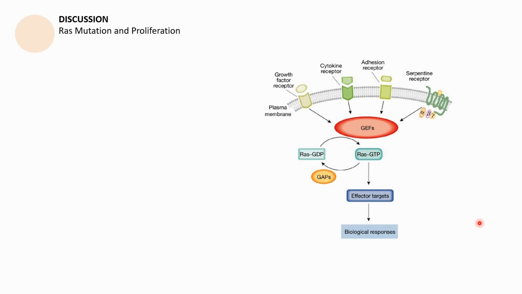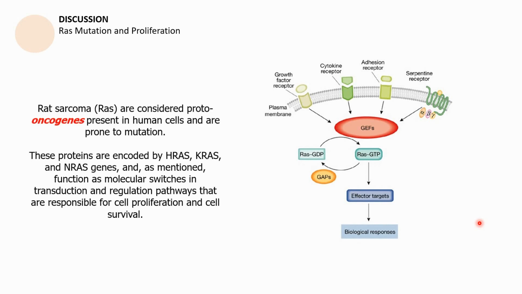Now, let's talk about RAS mutation and proliferation. Ang mga rat sarcoma are considered to be proto-oncogenes. Okay, so in our other videos, a proto-oncogene is capable of becoming an oncogene, which is going to give instructions for uncontrolled cell divisions.